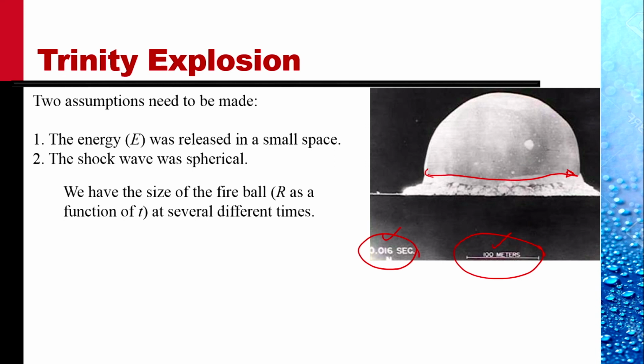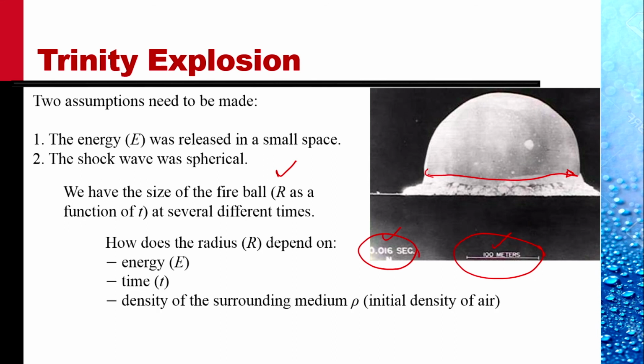Two assumptions needed to be made: that the energy E of the explosion was released in a very small scale, and that the shock wave that came out, the fireball, was spherical. Now from this picture, we have size of the fireball as a function of time at several different times.